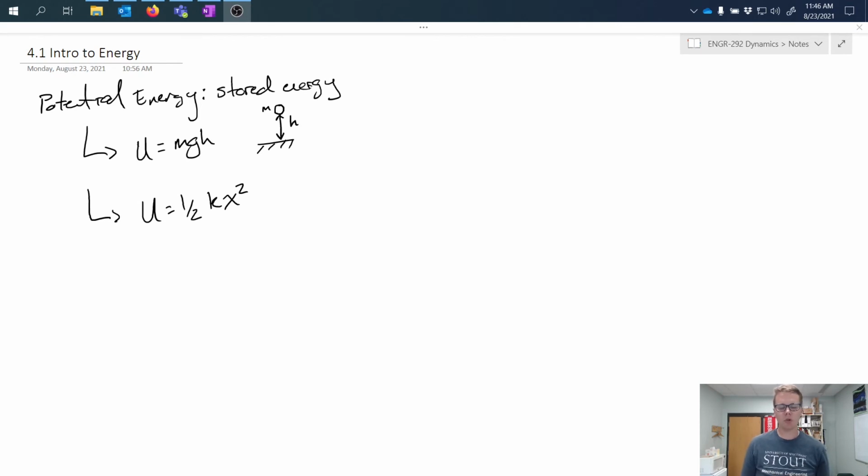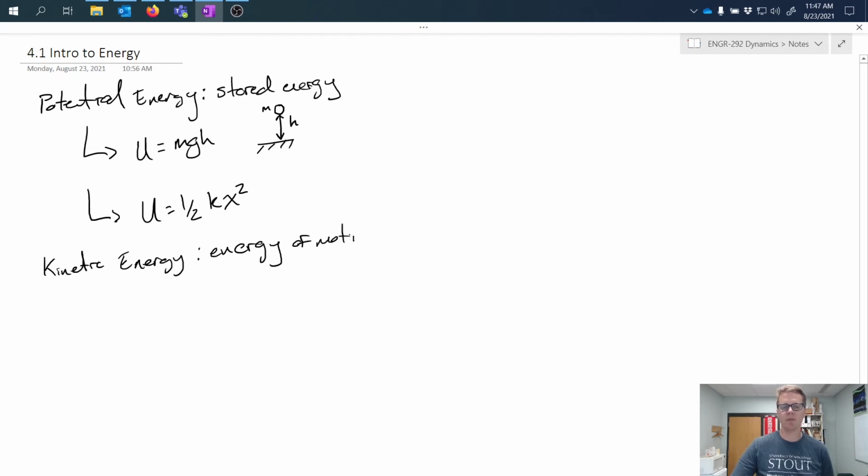When it comes to looking at dynamic problems, then, the other form of energy that we're going to be particularly interested in is kinetic energy. And kinetic energy is the energy of motion. So if we have an object which is undergoing any sort of motion, whether that's translation or rotation, it is using energy or displaying a use of energy.